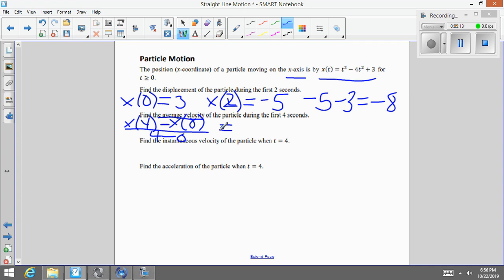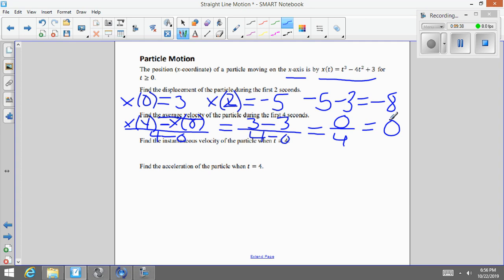Okay, now, x of 4, plugging 4 into the position function gives us positive 3, minus x of 0, which is also positive 3, over 4 minus 0, would actually give us 0 over 4, which would equal 0. So the average velocity during the first 4 seconds is 0.